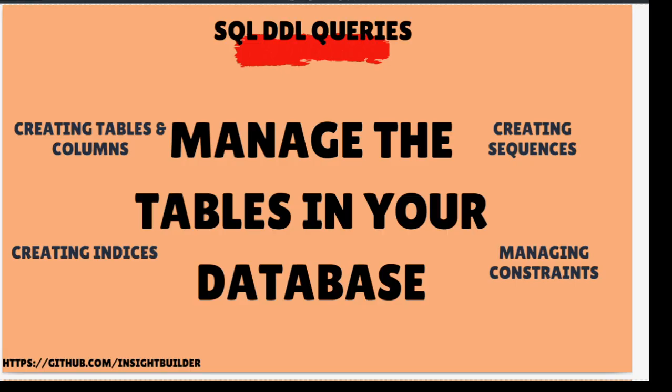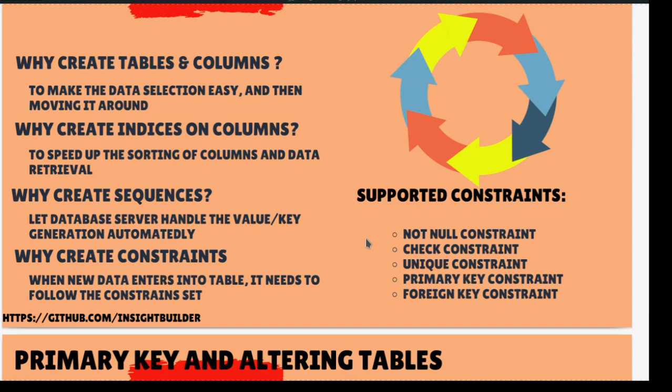Coming back to the presentation, we have to look at the table as a framework. The framework is what we are going to create right now, and frameworks are always there to impose some constraints. Why would someone create a framework without any constraints? It's a set of rules that we give to the table so that the data that comes into the table matches that rule, or else the database server will not allow the data to enter the table.